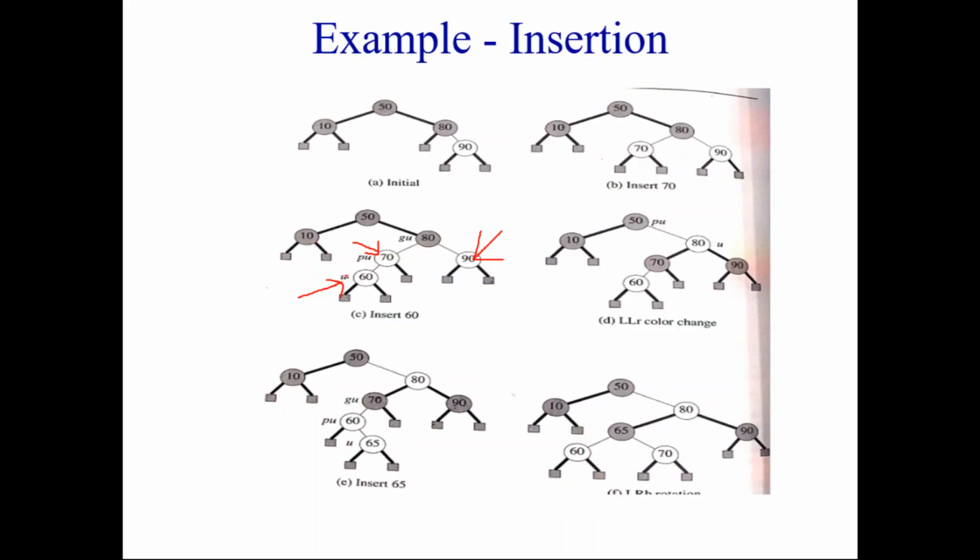You cannot change the color of the new node. You have to change the color of the parent and the sibling, so these two will become black. And you also have to make the grandparent red, but you can make the grandparent red only if it is not the root node.